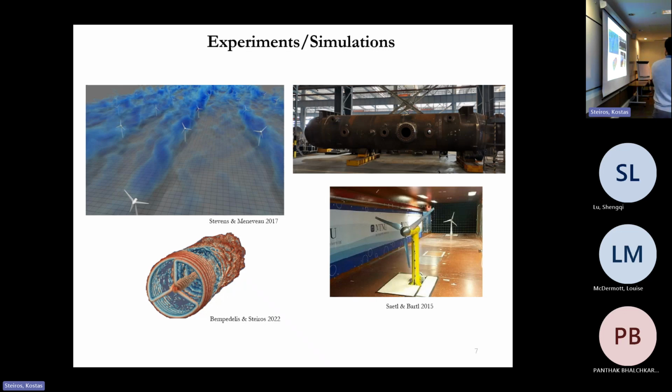We are currently performing very large-scale simulations where we can put multiple wind turbines, and we can see the evolution of the flow field in the ensemble of the wind farm. Of course, the downside of this is that we're talking about extremely expensive and extremely complicated simulations. We are talking about wind turbines that can have a size of 200 meters, and we are talking about the small turbulent vortices or eddies that are of the order of maybe centimeters, right?